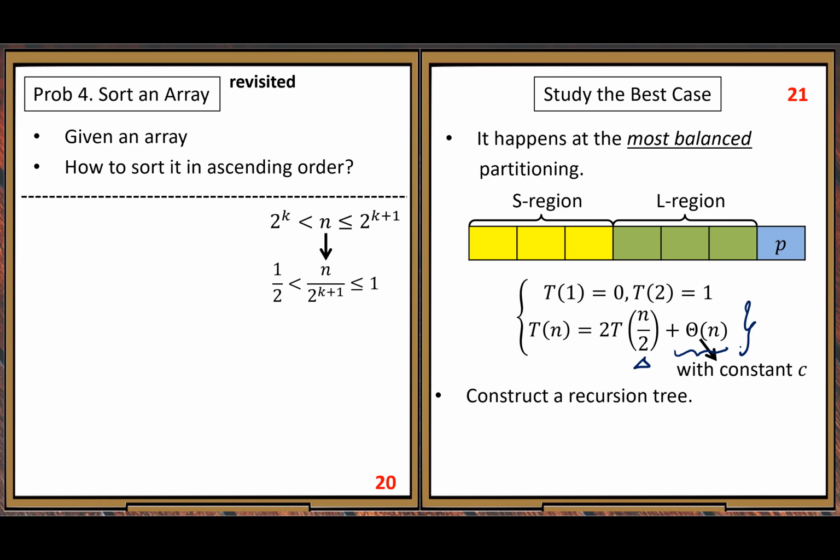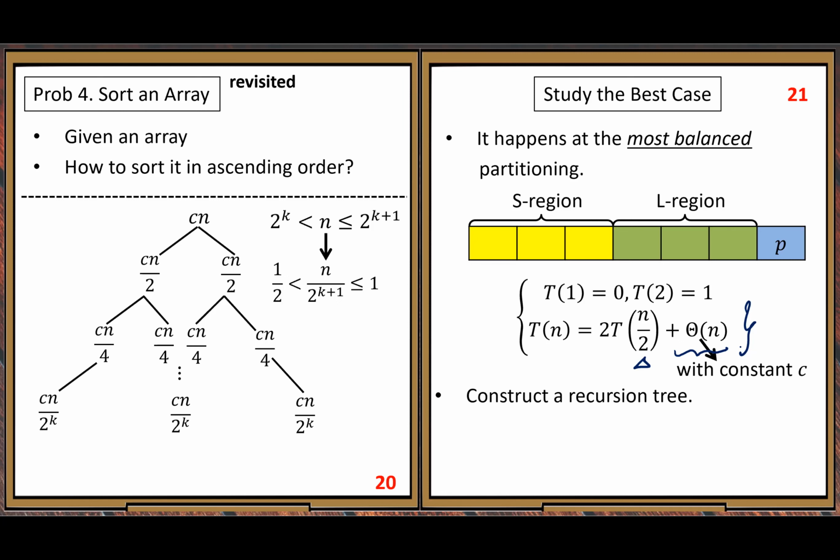How many splits do we need to do? How many partition steps we need to do? It can tell us that. Now let us draw the recursion tree. At each node, we only put the non-recursion term, big theta of n, we use constant c multiple of n.